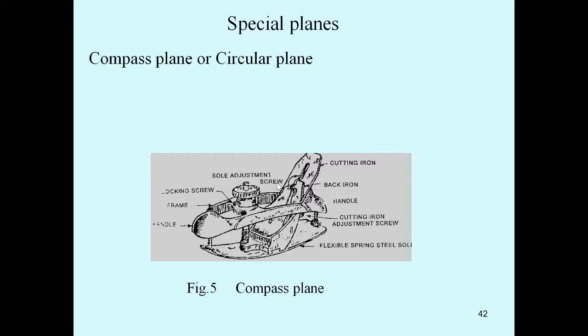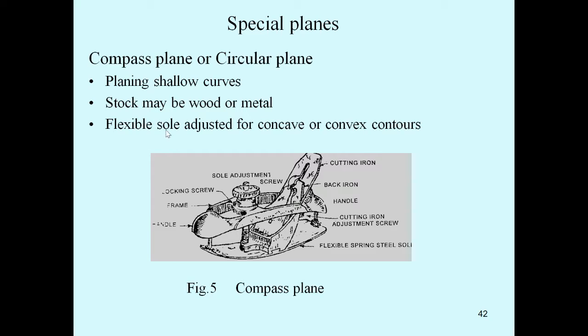Yes, you can see here the compass plane, also called a circular plane. It is used for planing shallow curves. The stock may be wood or metal; the stock of this plane is made of either wood or metal. The flexible sole is adjusted for concave or convex contours.